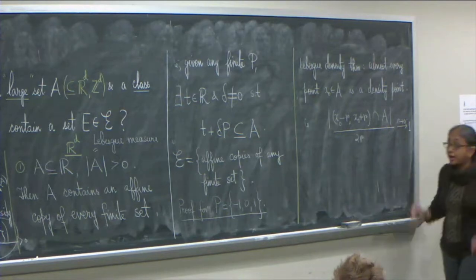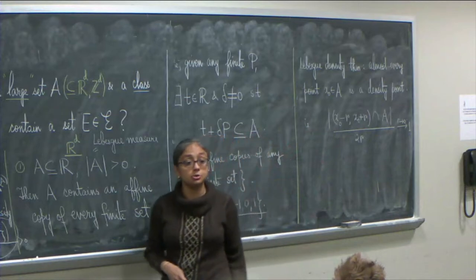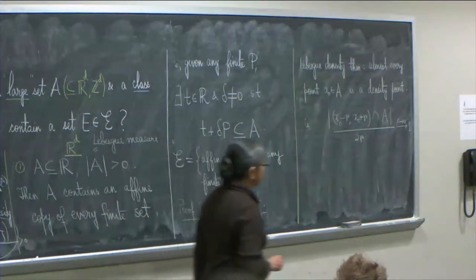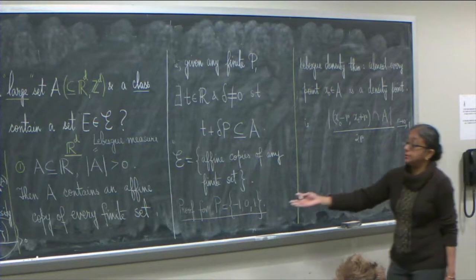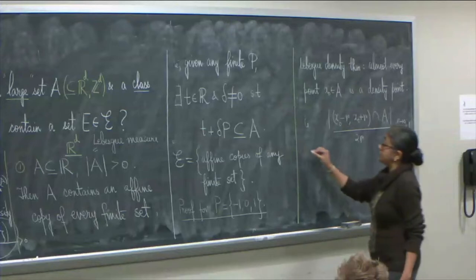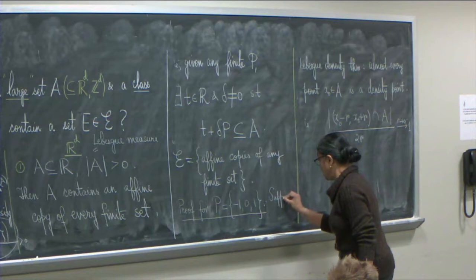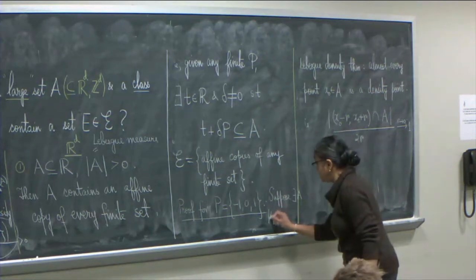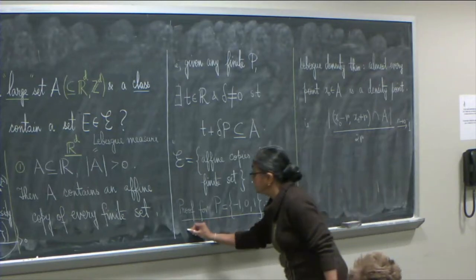So the act of having positive Lebesgue measure forces this to happen for almost every point x0 in A. This is just a fact that I'm going to take for granted. But what does this have to do with the existence of an affine copy? Let's try a proof by contradiction. Suppose not. Suppose there exists an A of positive Lebesgue measure not containing any 3-term AP.